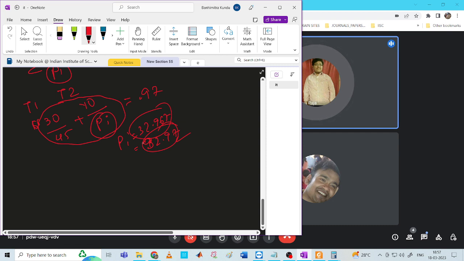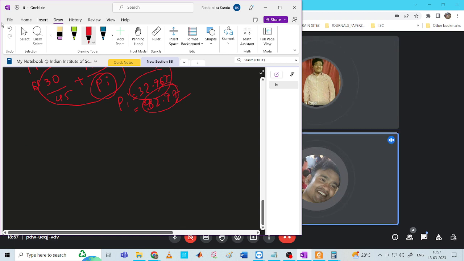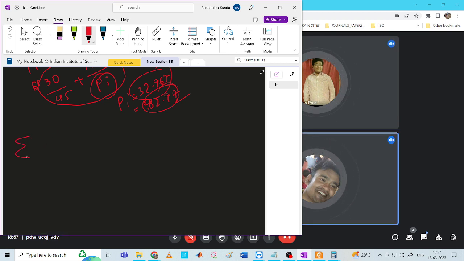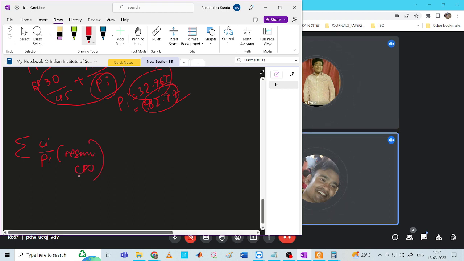Once again, I'll explain it. It says that the summation of Ci by Pi should be the resource percentage of CPU. In the question it is said that the CPU resources are utilized 97% of the time.